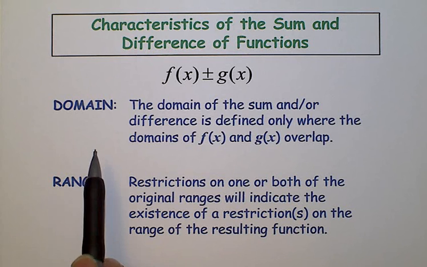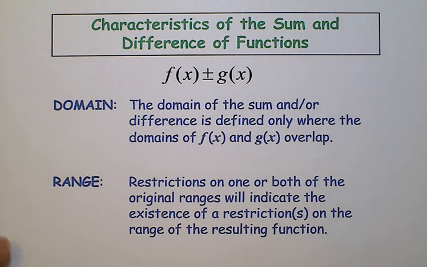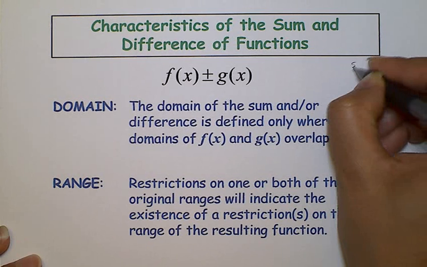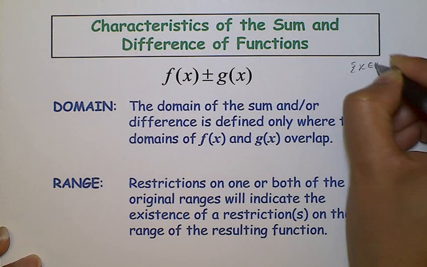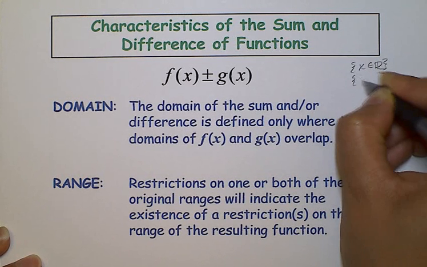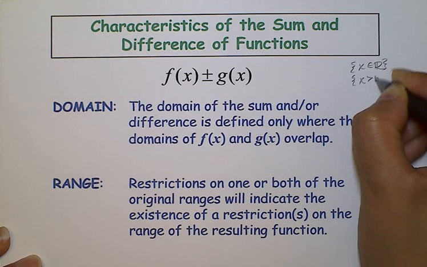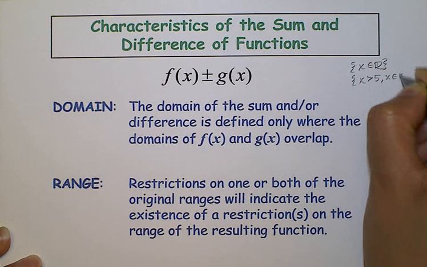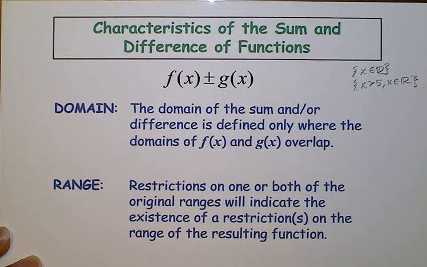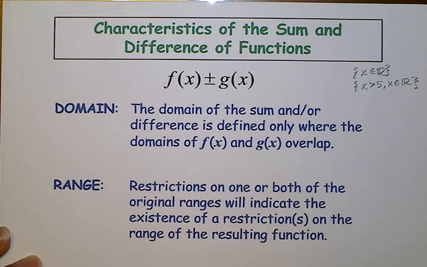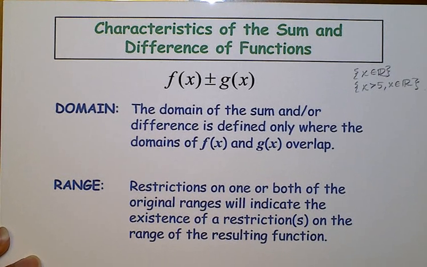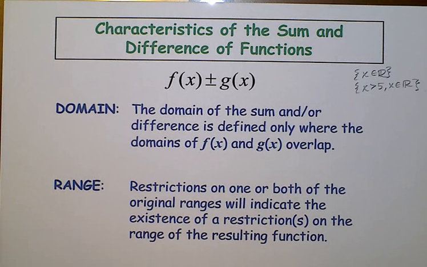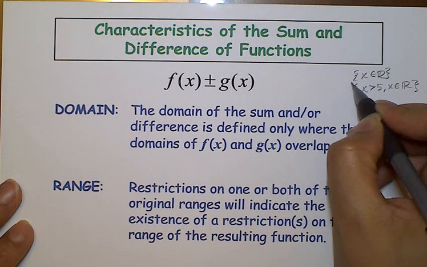The domain of the sum and/or difference is defined only where the domains of f of x and g of x overlap. What that means is, if you have two functions, and the domain of one of them is all real numbers, and the domain of the other one is values of x that are greater than 5, then the domain of the combined function, whether you're adding or subtracting, can only exist for the domain where the two functions overlap.